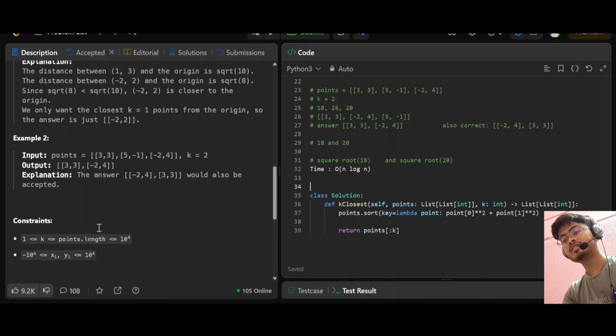The space complexity depends on the internal implementation of Python's sorting algorithm. The auxiliary space complexity can be considered big O of n, and the result list containing the first k points also requires big O of k space. For more interview explanation, we can say time complexity n log n and space complexity big O of n.